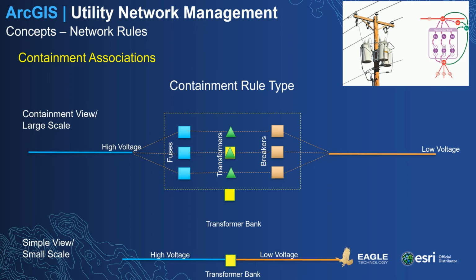The linear containers can span some length, like a trench or duct bank, and these would normally contain multiple lines. A utility network supports nested containment as well. So in nested containment, a containment feature can contain another container feature, which then in turn contains your network content.